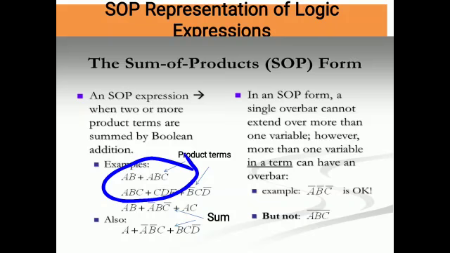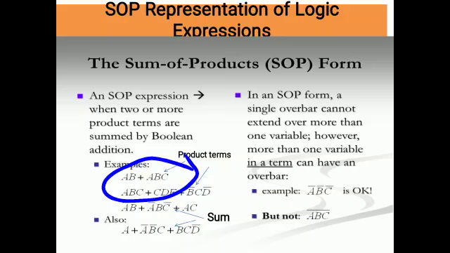In this, ABC is a product term, CDF, BC, B bar CD, these are the product terms. There are two or more product terms and they are summed using the Boolean operator, that is the plus sign.